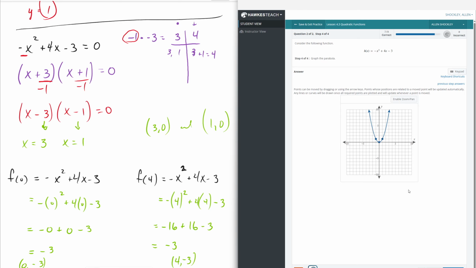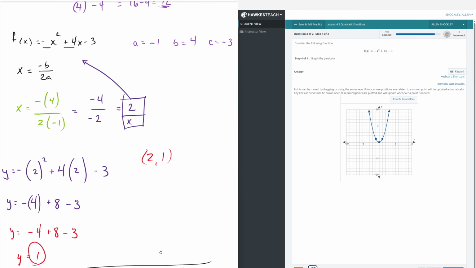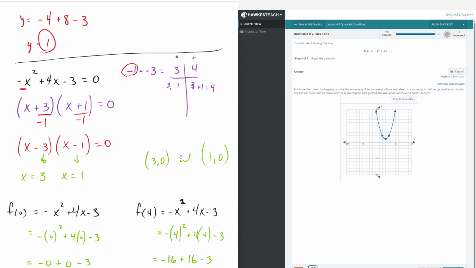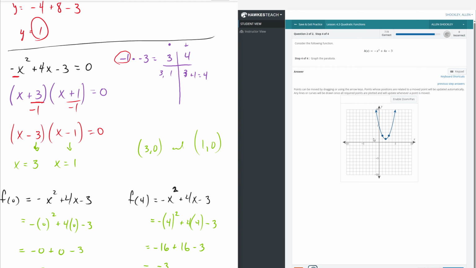Remember, we have that vertex all the way at the top, so we'll scroll up. The vertex that we found was this 2, 1, so right 2, up 1. Then we had coordinates at 3, 0.